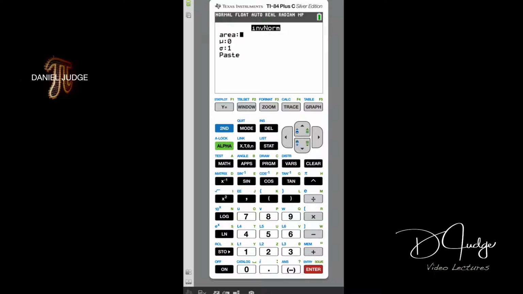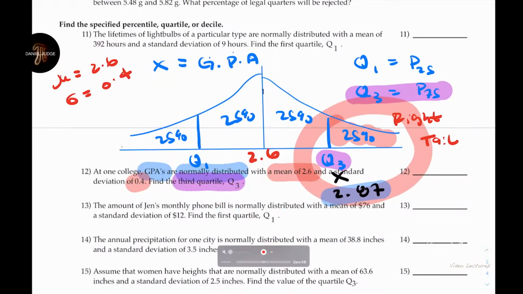If I go second distribution, inverse norm, which is number 3, the inverse normal distribution, you're going to see I have area, I have a mean, and I have a standard deviation. For the problem we have now, we got to enter an area. Now, for the TI-84, the default is area to the left. So some of you may have that calculator.